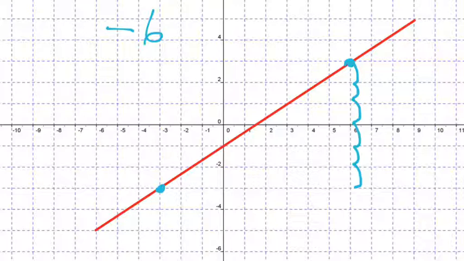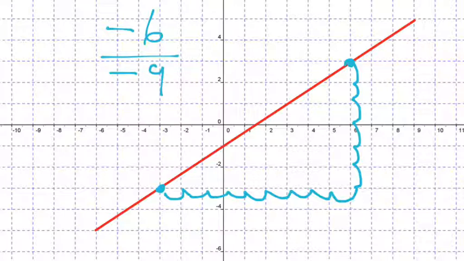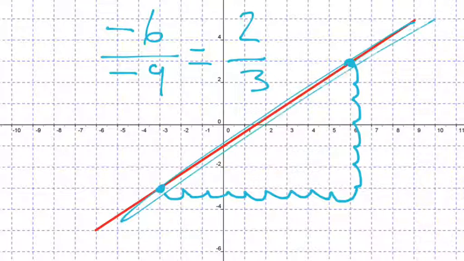Let's say you wanted to get to that one. Do you reverse or run? 1, 2, 3, 4, 5, 6, 7, 8, 9. Negative 9 simplifies down to what? Positive 2/3. And that, my friends, is a positive line.